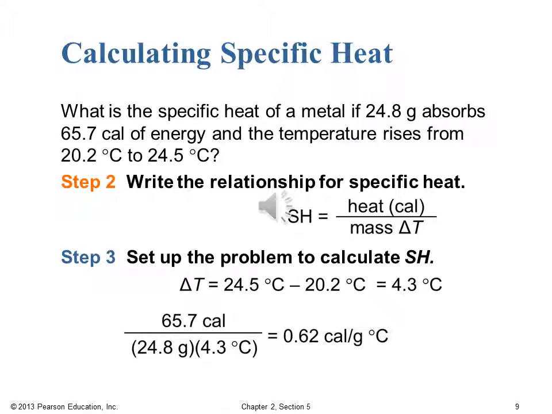Then we used that result in a multiplication and division approach where the rules say the final answer should have the same sig figs as the least significant value. So 65.7 for the calories, 24.8 for the grams. Those were both 3 sig figs, but the delta T gave us just 2 sig figs. So that's why our final answer is 0.62 calories per gram degree Celsius. The correct units, the correct calculation, and the correct sig figs.